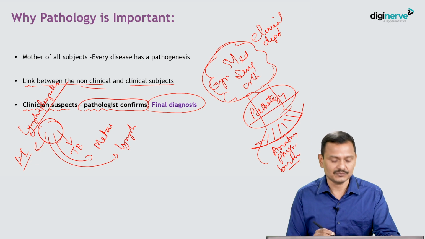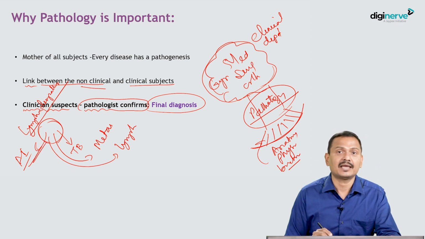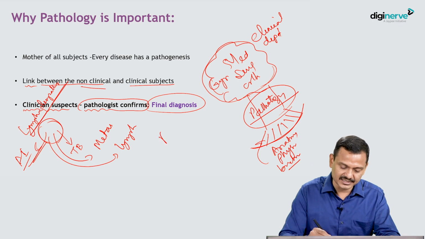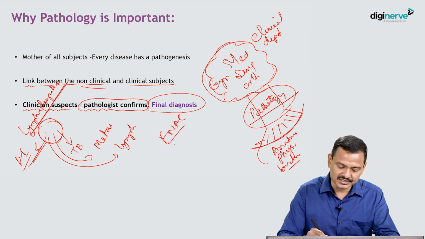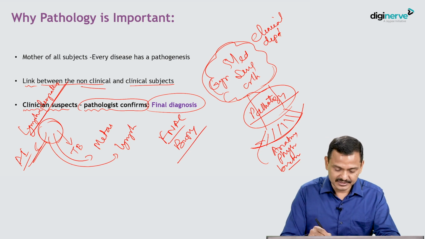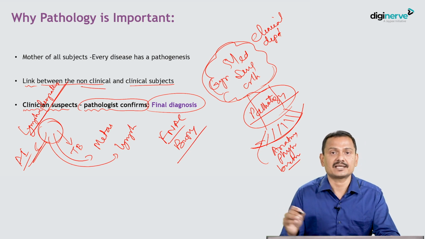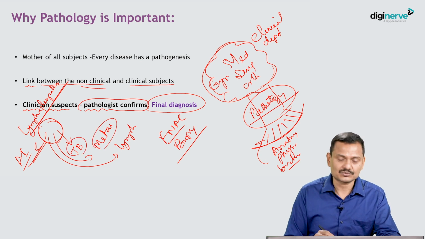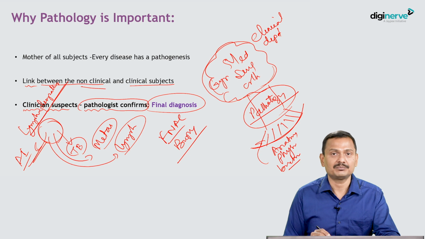So the clinician will suspect that there is a pathology, that is lymphadenopathy. Now if an FNAC or a biopsy is done, then the pathologist will confirm that the disease process is XYZ, and accordingly TB has to be treated, or metastasis will be treated, or lymphoma will be treated.